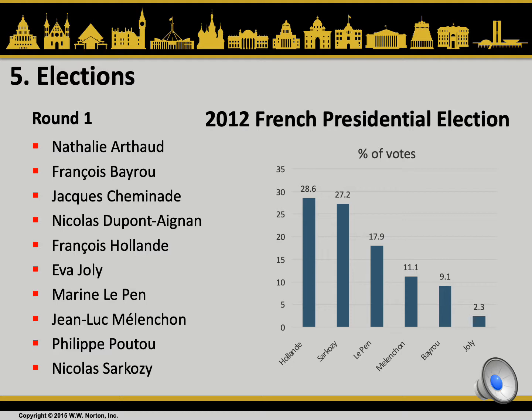The French presidential election system is a good example of actually both of these systems, the plurality and the majority vote. So if the French presidential election was a simple plurality, meaning whichever candidate got the most votes wins, you could see based on the first round that Francois Hollande was the winning candidate.